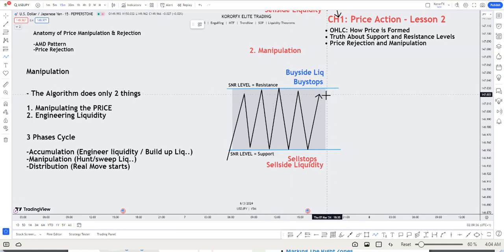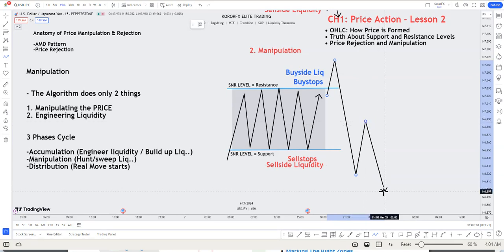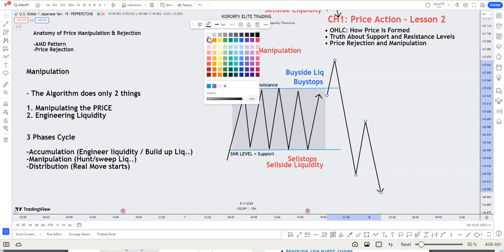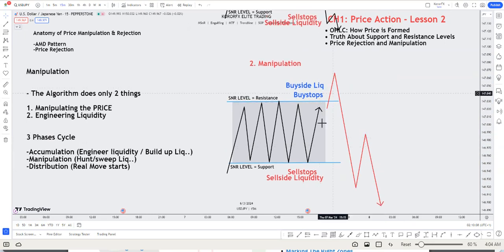For example, whenever price goes up and takes the highs of this key level or the high of the SNR, they take the buy stops, then they come back here and collect the sell stops again, and then move somewhere inside or to any key level, then price comes back. So that is what the manipulation is, because they have to grab and sweep all liquidities on every side. So now the road is very clean.